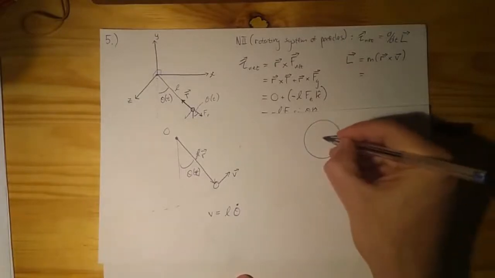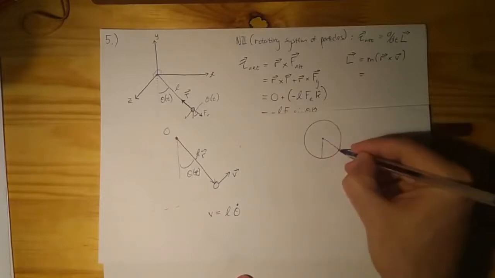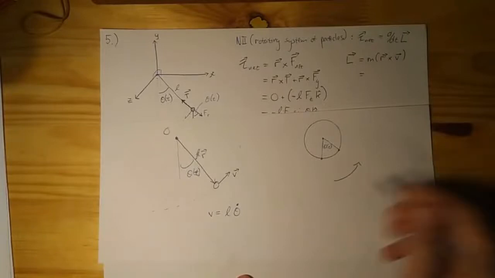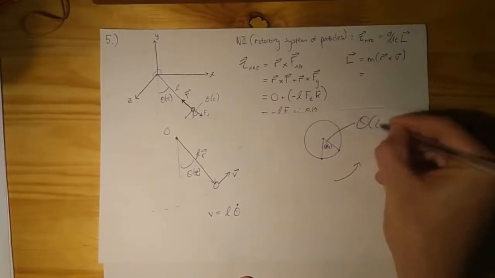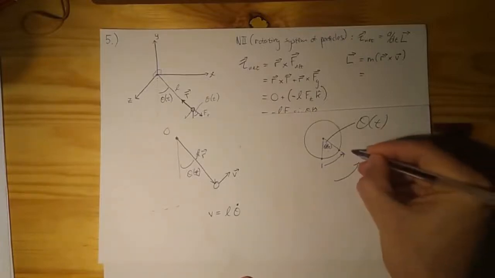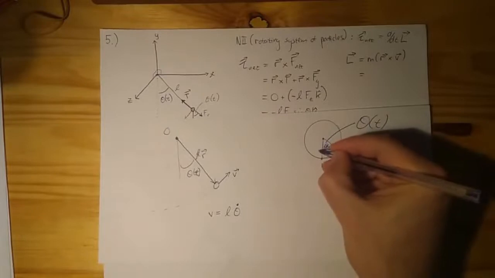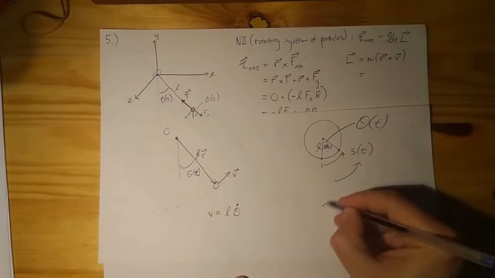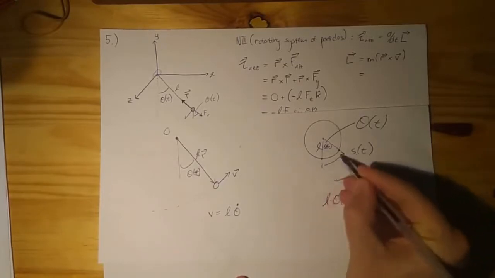If something is moving around a circle, and let's suppose it's moving counterclockwise, and the angle is given by theta of t, and let's suppose that the distance it's gone around for any t value is given by s of t, and let's say the radius is L, then the radius of the circle multiplied by the angle gives you the arc length of this corresponding sector.